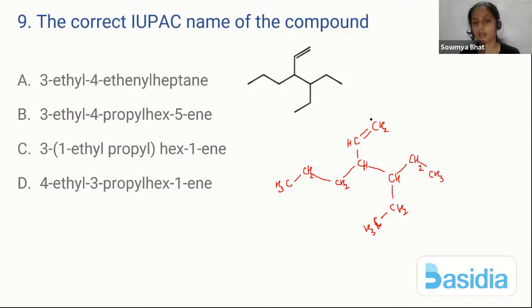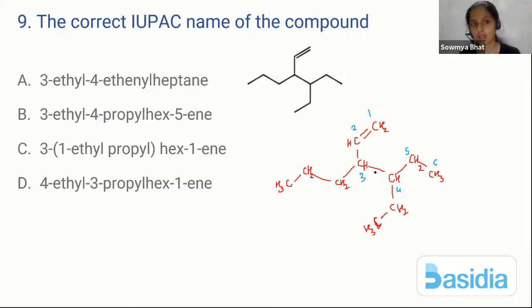When you number, you have to select the longest chain. If you go this way, 1, 2, 3, 4, 5, 6, there are 6 carbon atoms, but this particular group is a very big one, bulkier one. So you can't go for that according to the rules. So 1, 2, 3, 4, 5, 6 is what you can do.